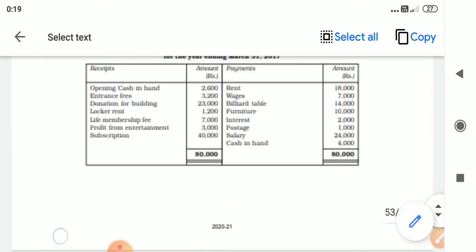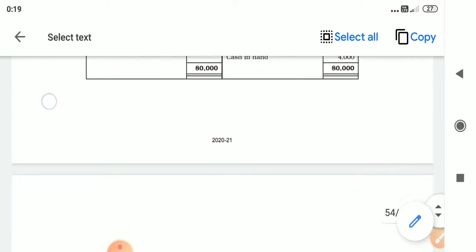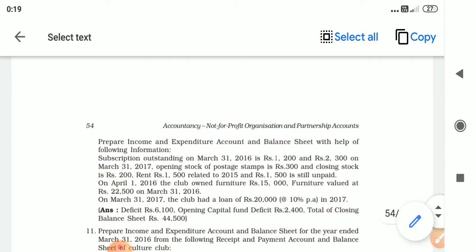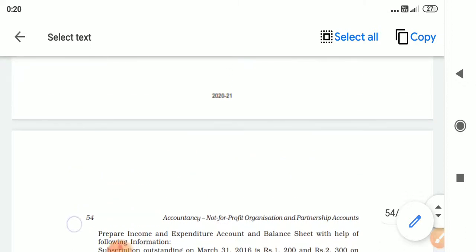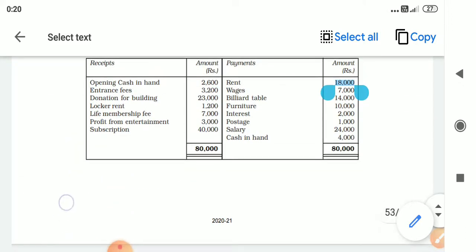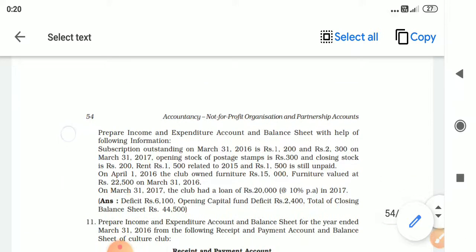Subscription is over. Now coming to expenses, you have rent 18,000. Now we have already seen in the adjustment, we have rent related adjustment. Rent 1,500 related to 2015 and 1,500 is still unpaid. So basically it makes no difference, but you have to show it. Okay, so how to show it: 18,000 plus current year's outstanding 1,500 minus previous year's outstanding 1,500.